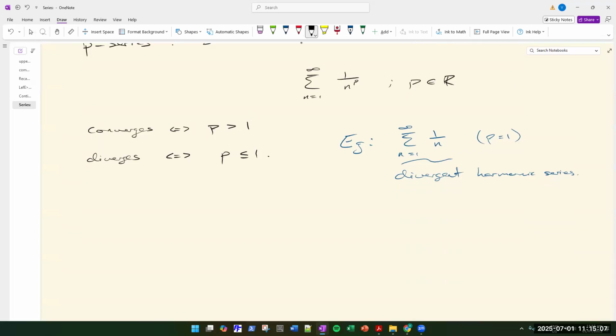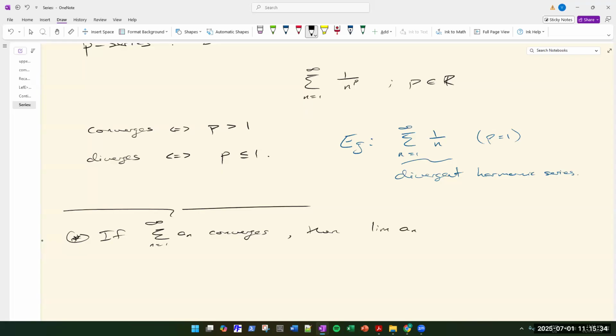And what else did we see? We also saw a very important result, which was if I have some series that converges, so if I tell you I have a convergent series, then the terms that I am adding, these an, should be going to 0. So the limit of these terms as n goes to infinity should be going to 0.